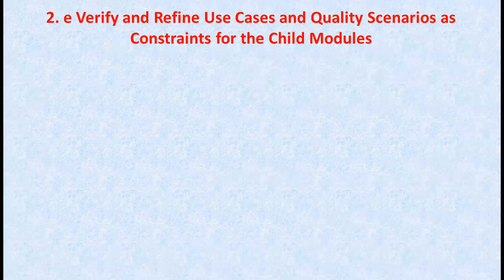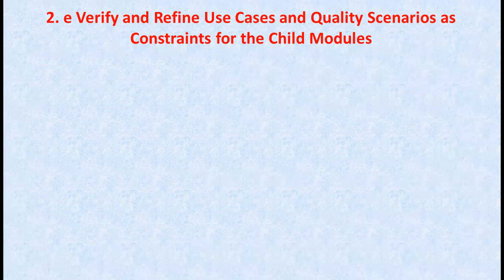So here, we verify and refine the use cases and quality scenarios as constraints for the child modules. These steps enumerated thus far amount to the proposal for module decomposition. This decomposition must be verified and the child modules must be prepared for their own decomposition.